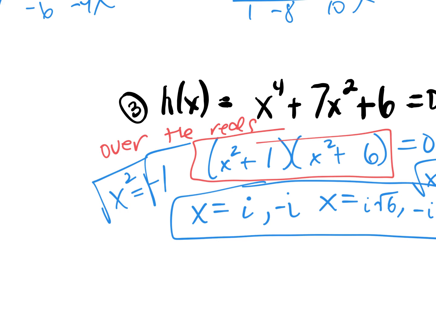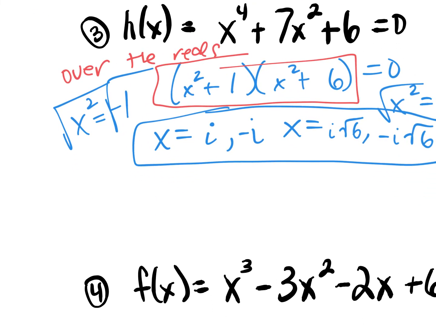Now, if they say they want it completely factored, you can do that. You're going to have 4 answers, so we're going to have 4 parentheses. This is our complete factorization. What does x equals i look like the step before it? When I move positive i to the other side, it becomes what? x minus i, good.